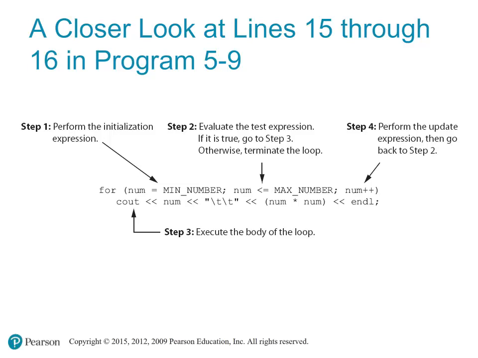Then we update with num++, that's step 4. Then we go back to step 2 and we do the evaluation again. If this time num less than or equal to max number returns false, we terminate the loop.